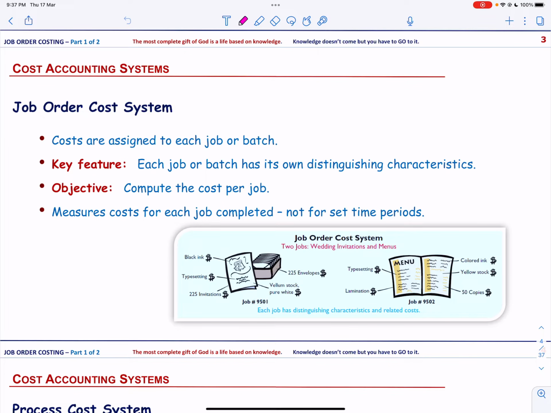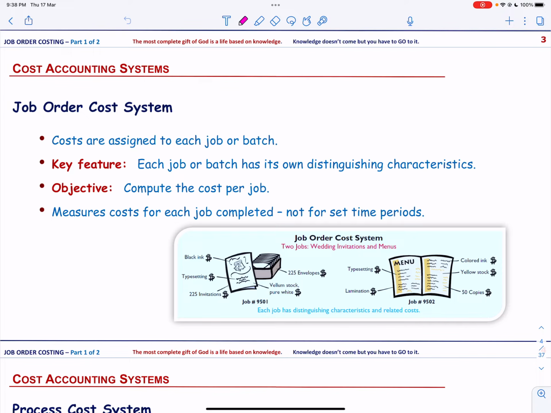For example, constructing a house is a job order, where each house is unique and custom built. In the same way, each printing job is different. So the objective is to compute the cost per job.